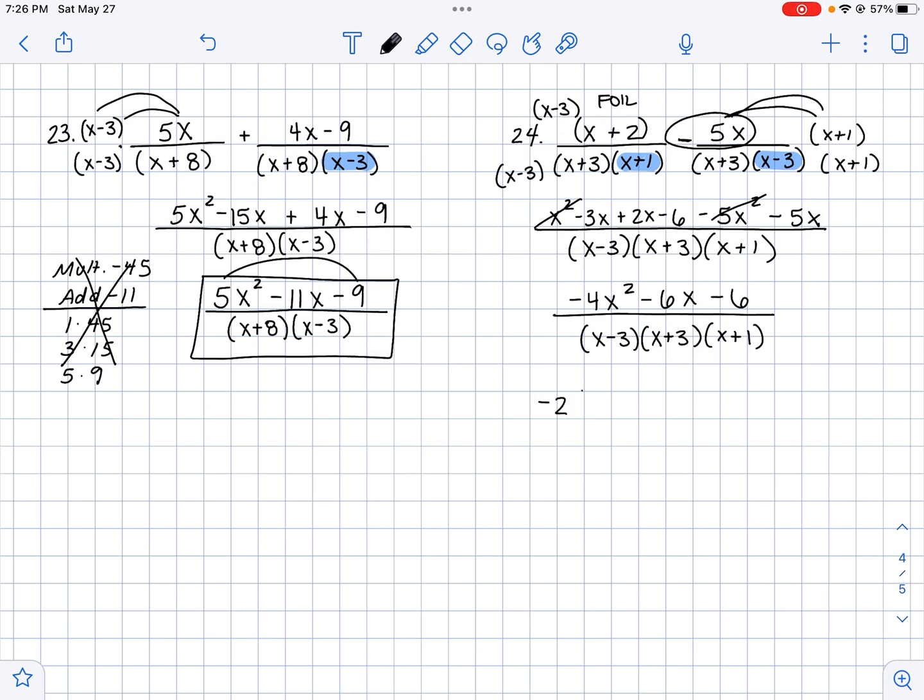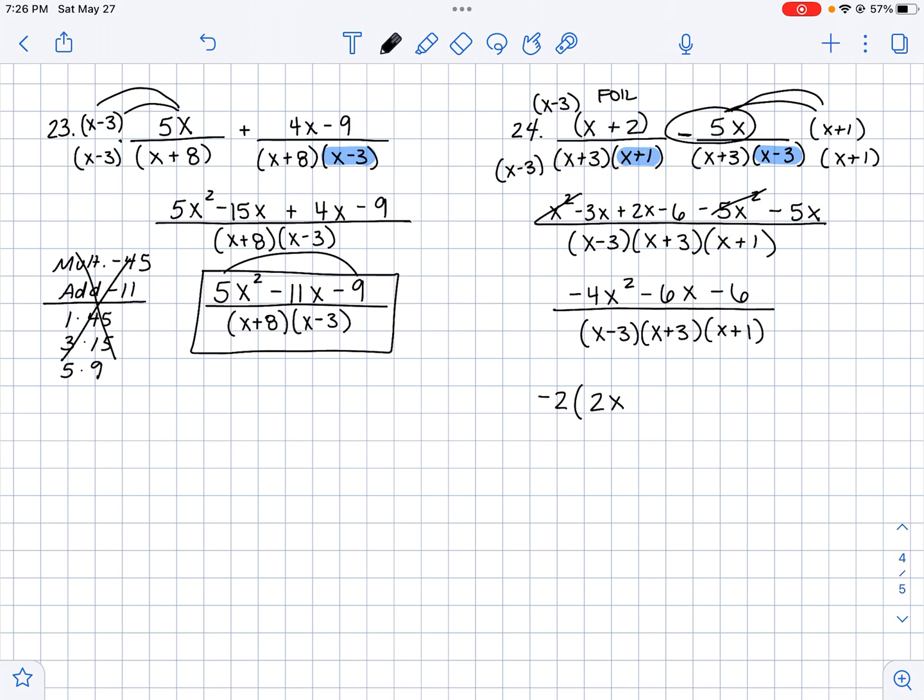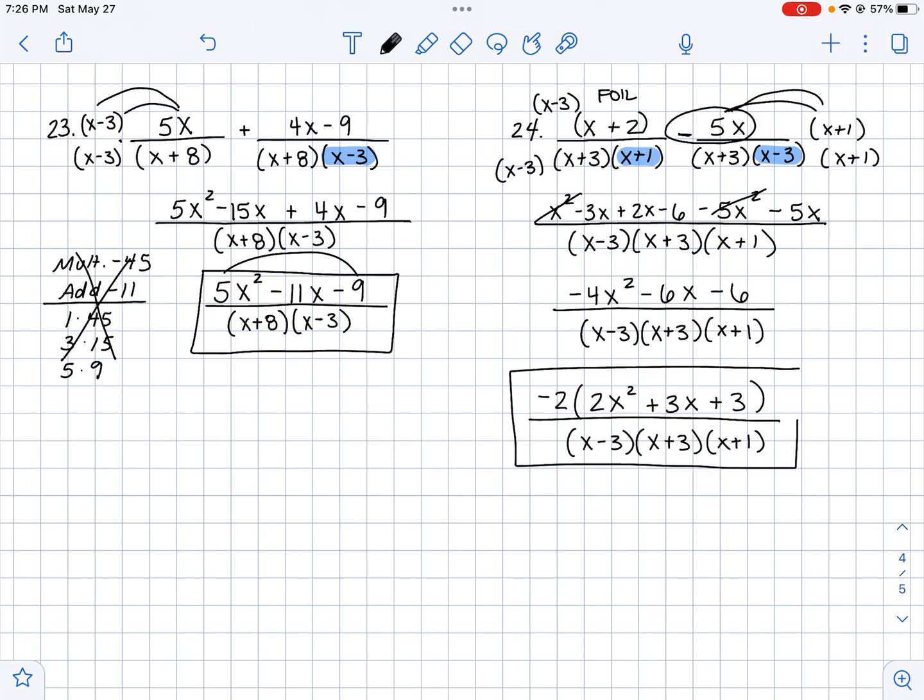And I can't factor that, but I can remove a common factor of negative 2. So I get 2x squared plus 3x plus 3 all over (x minus 3)(x plus 3)(x plus 1). So a bit longer, but same idea.